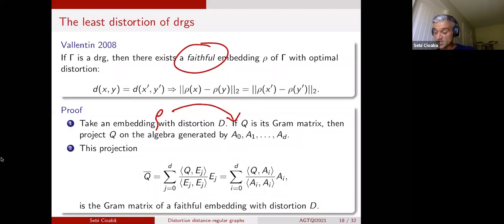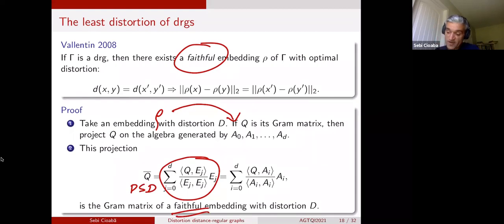And you can write this projection in terms of either one of them. The first expression tells you that this Q bar is going to be positive semi-definite. Then he uses the second expression to prove that this is a Gram matrix of a faithful embedding, because you see here it only depends on the distance matrices.